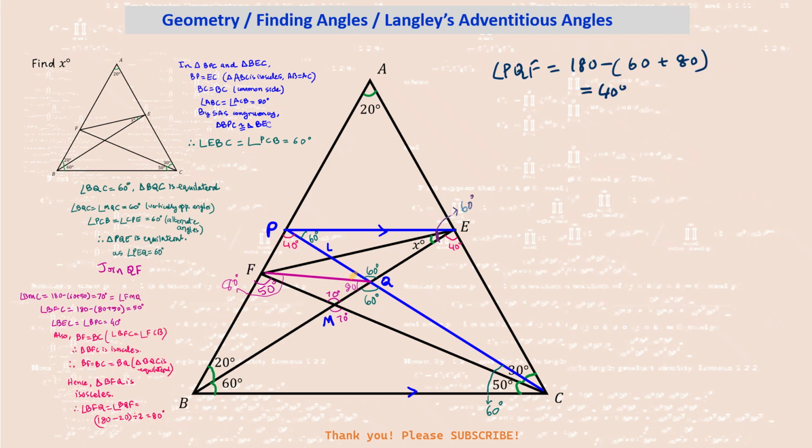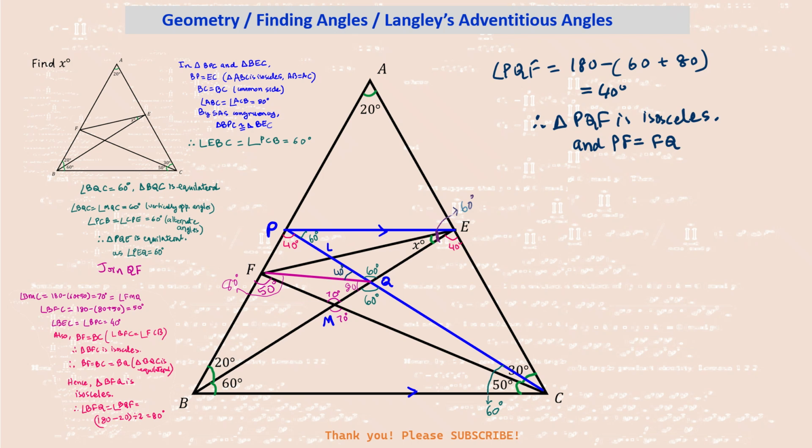Next, I work out angle PQF. Because this is a straight line, 180 degrees, PQF would be 180 minus 60 plus 80, so that gives you 40 degrees. So angle PQF is 40 degrees.